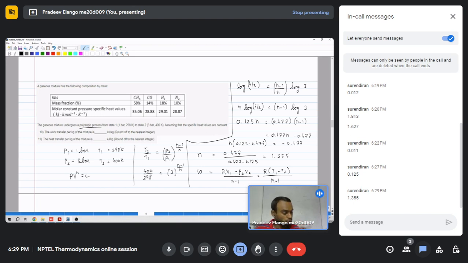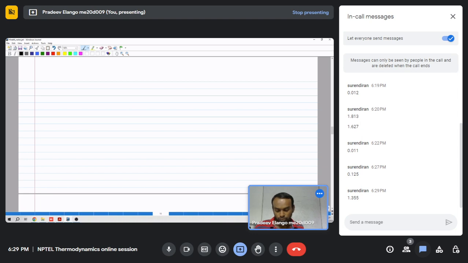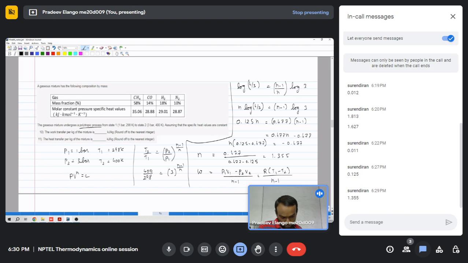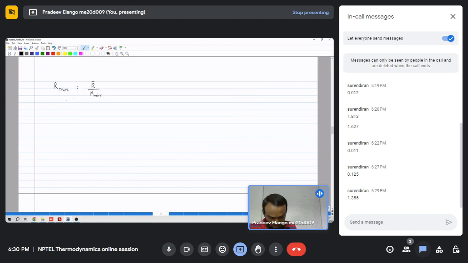Now we want to know the value of R. Here the R is R of the mixture, that is R mix is equal to R universal gas constant divided by the molecular weight of the mixture. We have to calculate the molecular weight of the mixture to proceed further. We know molecular weight is in gram per mole.